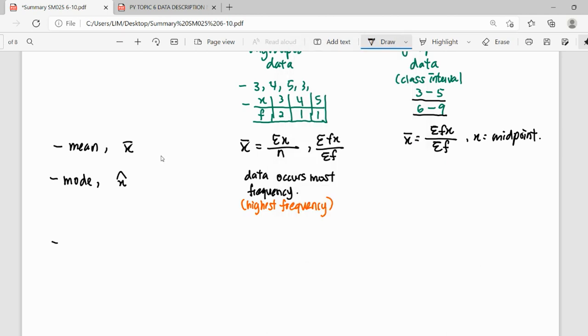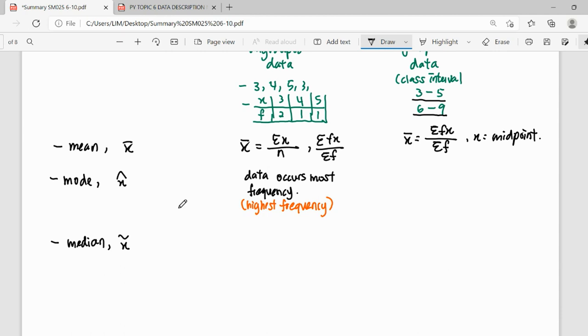And then, what else can you calculate? Your median. So your median is like this, with a wavy line above the letter. For median in matriculation, they will not use the SPM method about odd and even. So don't do that.